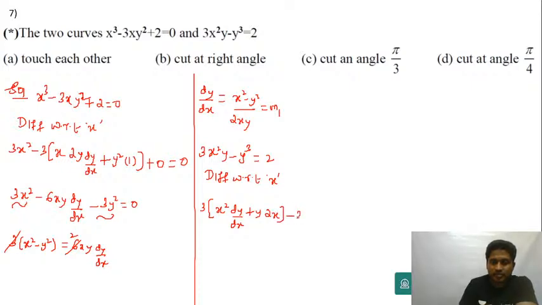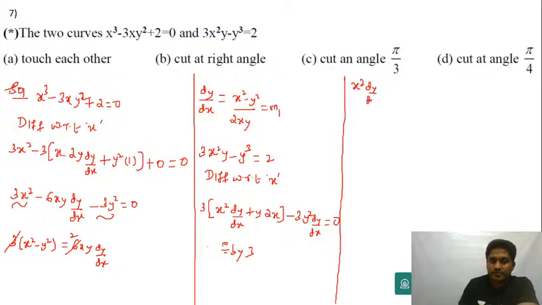Differentiation of y cube is 3y square into dy by dx. This 2 is a constant, it will be 0. Now this can be written as 3x square into dy by dx plus 2xy, or let us divide by 3.